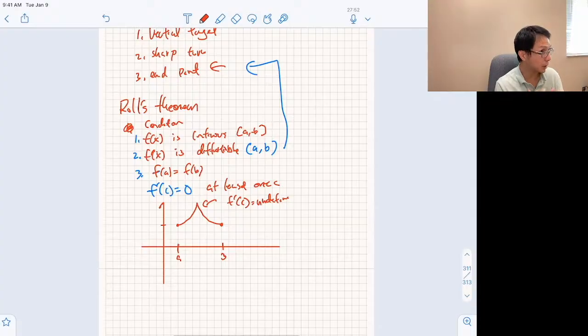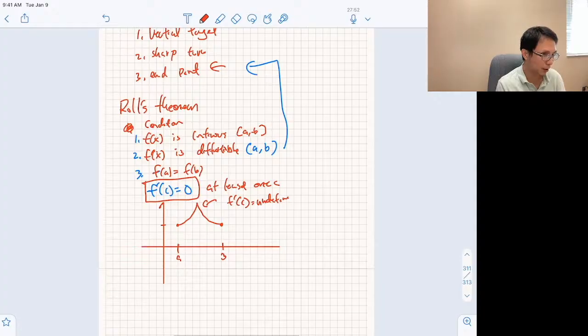So it has to be differentiable. That condition has to be there. Otherwise, you can have a cusp in between, where f prime of c is undefined, not 0. So if that condition does not exist, you can come up with a situation where f prime of c is undefined instead of f prime of c equal to 0.